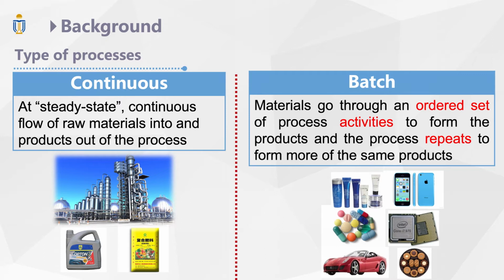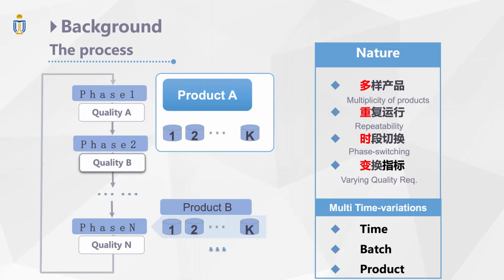For batch processes, the material goes through an ordered set of process activities to form a product or a group of products, and then the process repeats itself to form more of the same products. Here are some typical products of batch processes. Now let me use a cartoon to illustrate the key characteristics of a batch process.